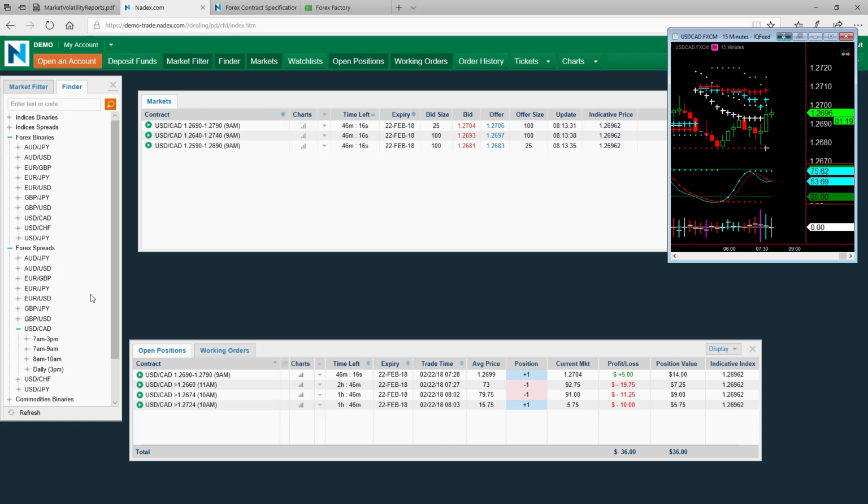Another thing, I don't try to manage the risk, okay? And the reason is because I was comfortable with the risk going into the trade, okay? If you're not comfortable with the risk going into the trade, don't take it.